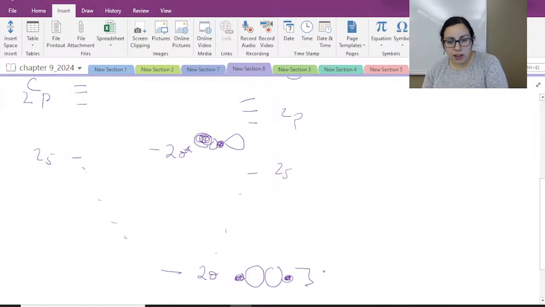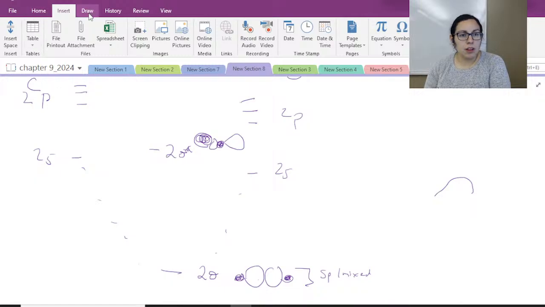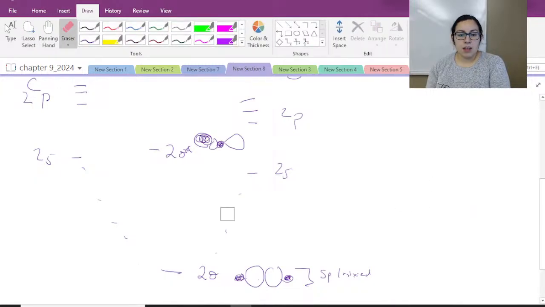And so all I'm drawing here, by the way, is the SP mix orbital. So I just want to make that clear. So we could draw SP mix. Yeah, if you have the labels, that's fine. I just keep drawing the pictures. It's more for my sanity as well.